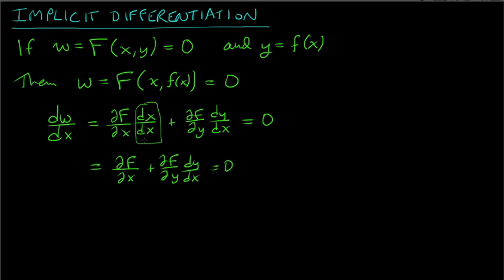So we're looking for the derivative of y, right? So I'm going to subtract off the partial of f with respect to x from both sides. And that gives us this equation now, partial of f with respect to y times the derivative of y. And that's going to equal negative partial of f with respect to x.